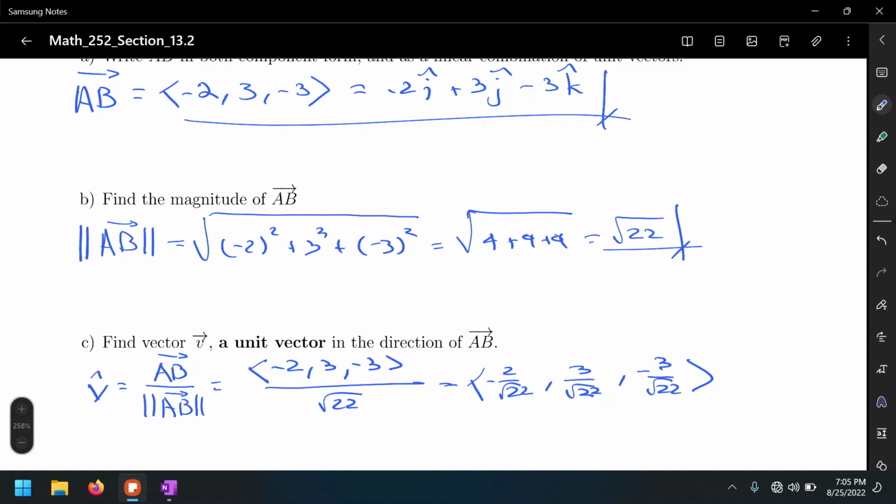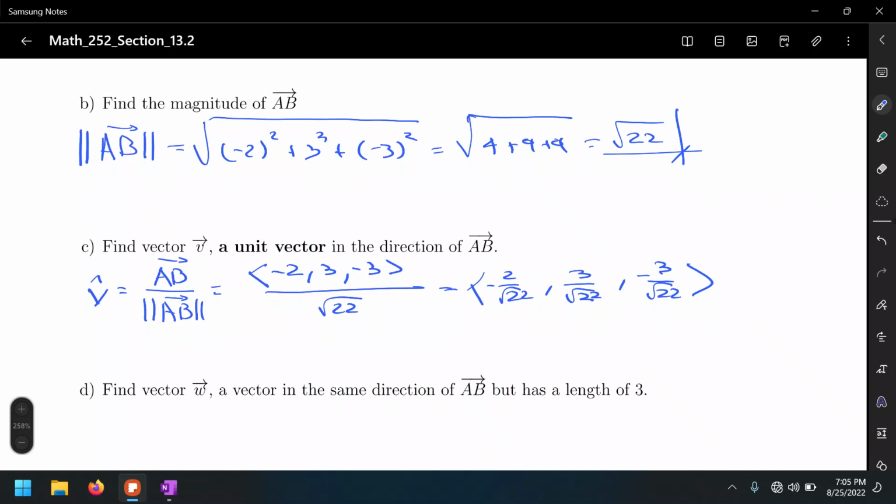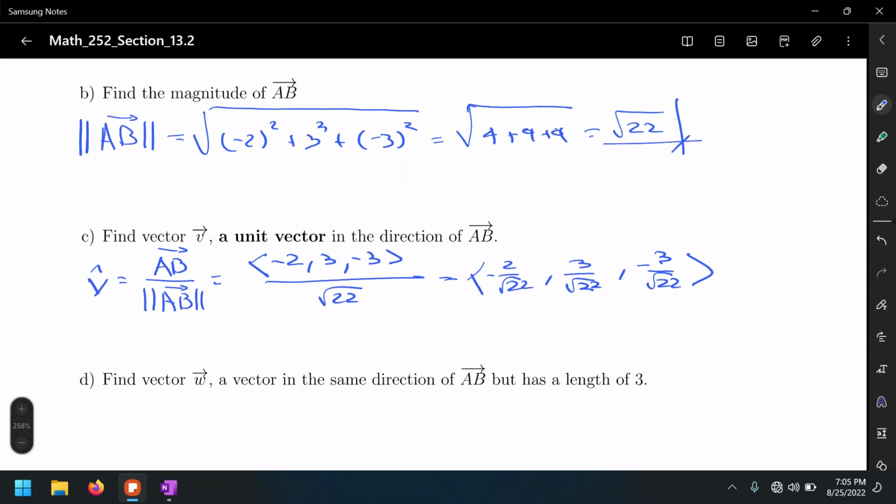But that's not the only way to write a vector like this. Of course, we can use the ijk notation, the linear combination of the special unit vectors: negative 2 over root of 22 in the direction of i, plus 3 over root of 22 in the direction of j, and minus 3 over the square root of 22 in the direction of k.